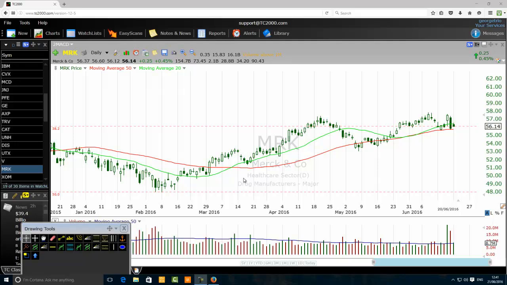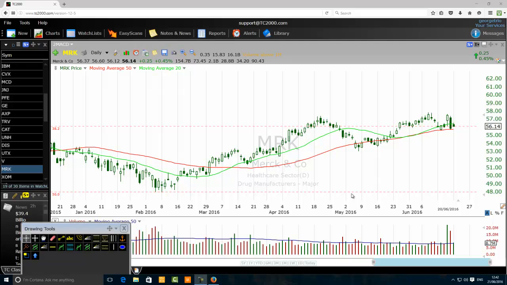And here, the moving average 20 was about to cross below the moving average 50, but the price is going up. A trader gets whipsawed. The reason why traders get whipsawed is that they take every crossover.